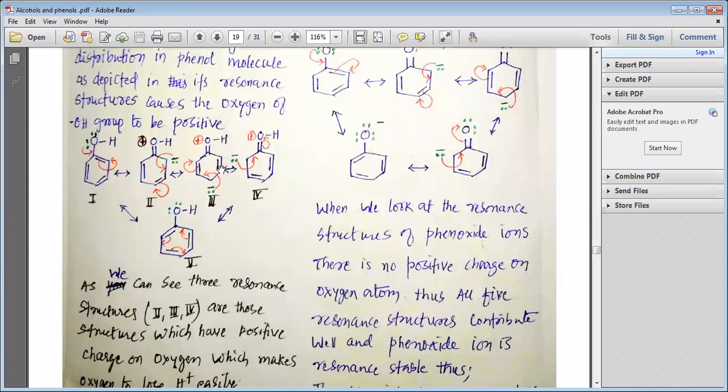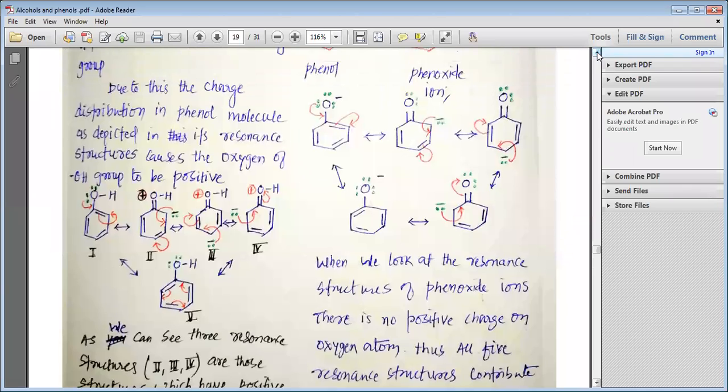This positive charge on oxygen pushes the hydrogen of the hydroxyl bond away, and that is why it makes it easy. The positive charge on oxygen makes it easy for phenol to give H plus ion, and that is why phenol is more acidic than alcohols.